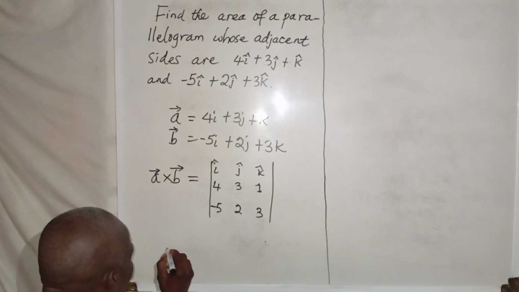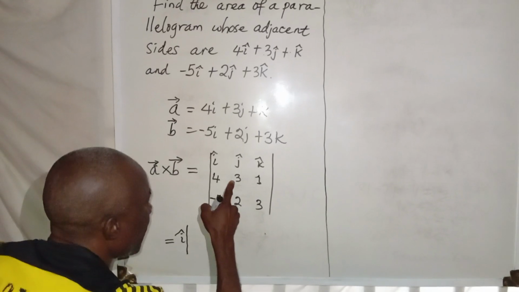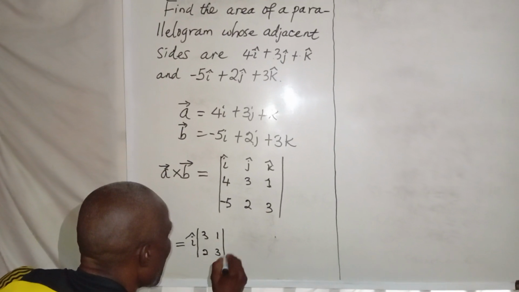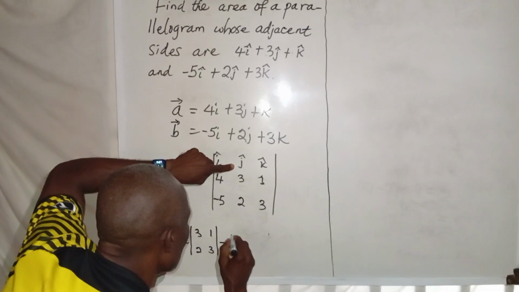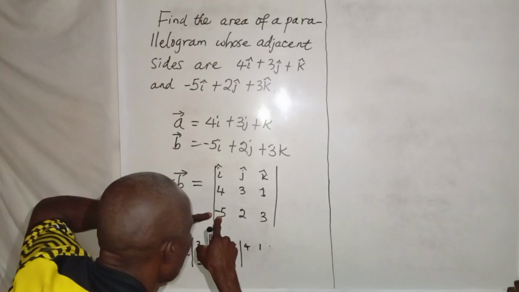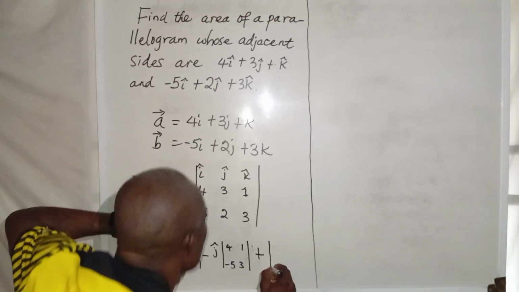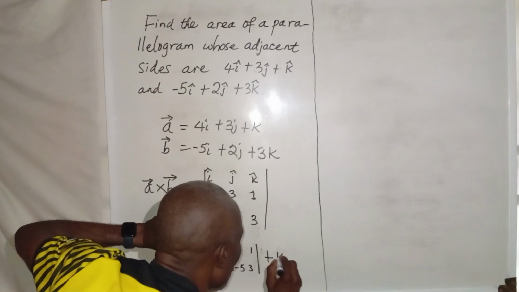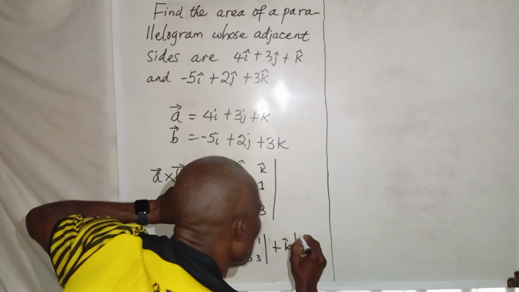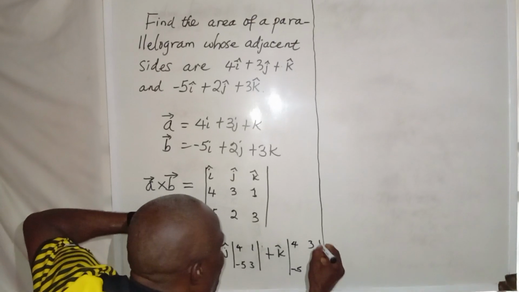This will give us, taking i, the determinant of 3, 1, 2, 3, minus j times the determinant of 4, 1, -5, 3, plus k, taking the determinant of 4, 3, -5, 2.